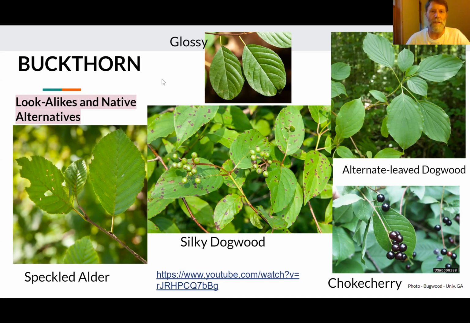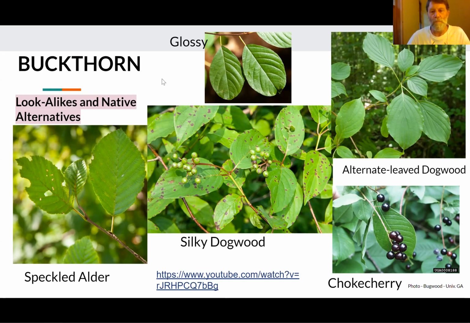Starting from the left, speckled alder looks fairly similar to the common buckthorn in terms of it also has a toothed edge, but you can see that those veins are really straight. They go out to the edge. So that's one that if you look at the bark, they can be fairly similar, but if you check the leaf, it's fairly easy to tell apart.